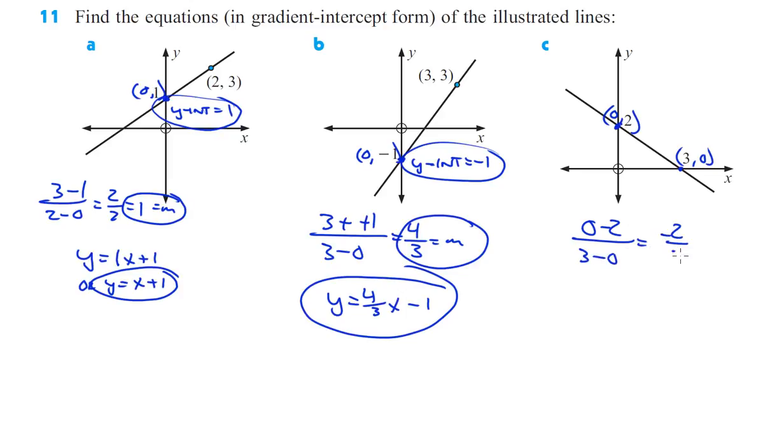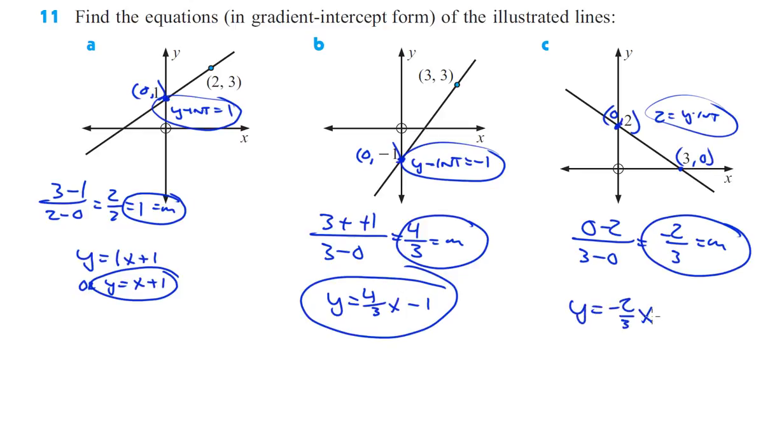So that's negative 2 thirds is our slope, right? And then 2 is our y-intercept, right, from right there. So our equation is going to be y equals negative 2 thirds x plus 2.